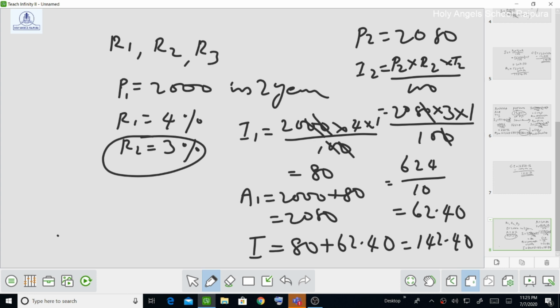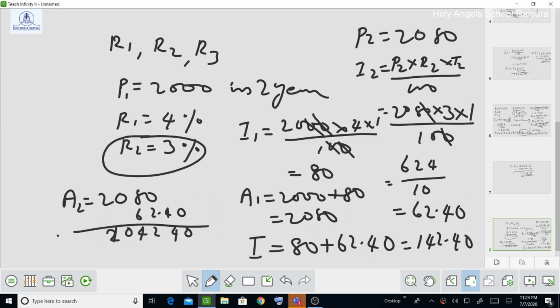So the amount after 2 years, A2, is equal to 2080 plus 62.40, which is 2142.40.